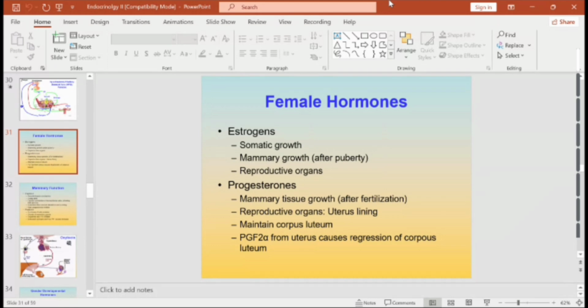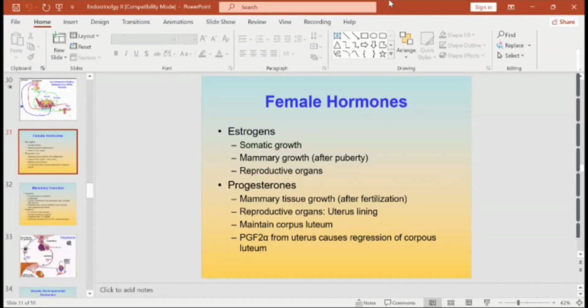So the uterine lining usually increases in thickness, and that is courtesy of progesterone. And we have another organ called the corpus luteum, which, upon the process of ovulation, the cells will be transformed into.